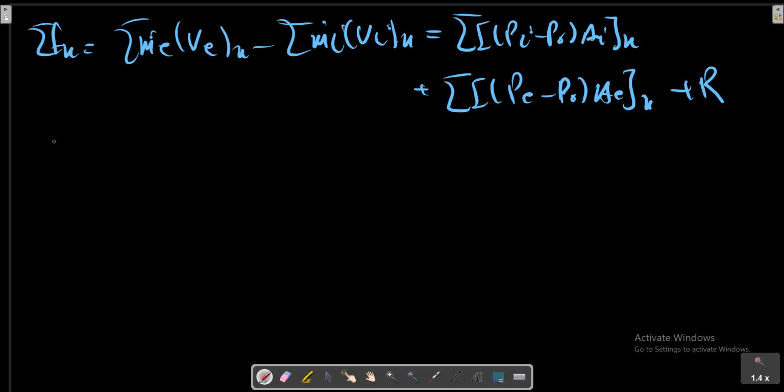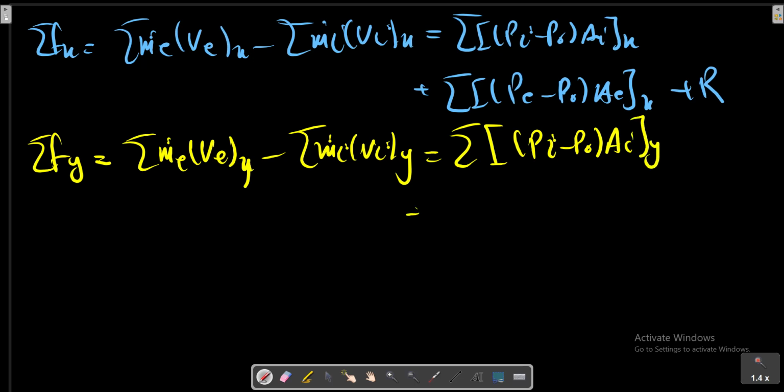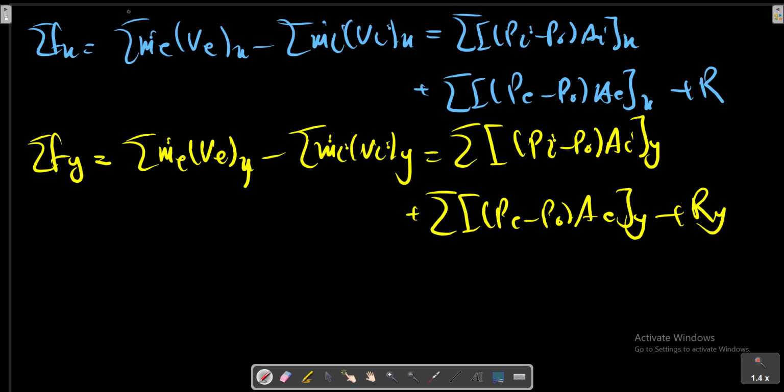and in the y direction. So if there is a single flow, we can write this relation, m dot.